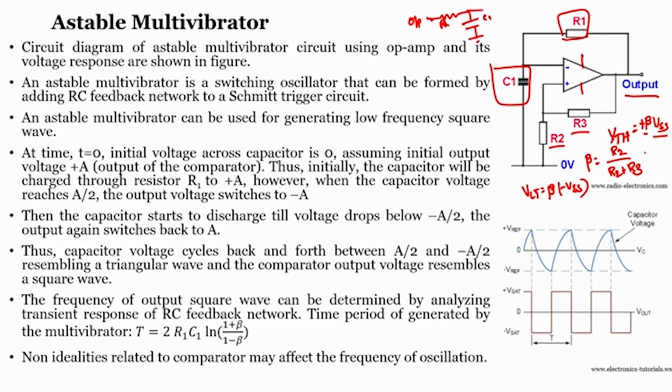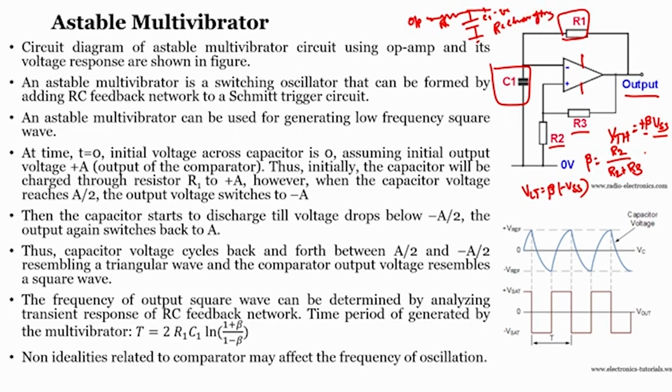The voltage across the capacitor C1 is connected to the negative terminal, and we also know that the op amp input impedances are really high. Since those are really high, no current will flow, which means R1 and C1 are in series. So how does the circuit look? It is nothing but our integrator, or your RC charging circuit.